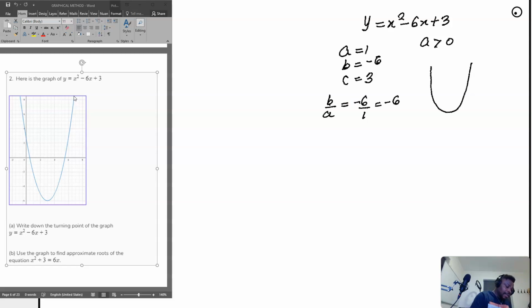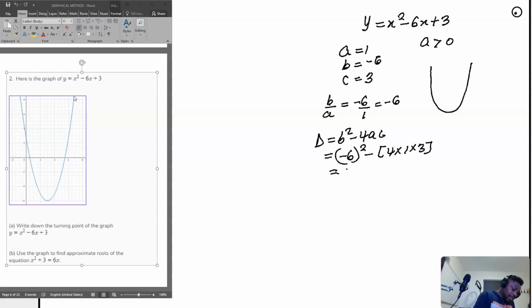This is minus 6. So because b over a is negative, our curve should be on the right. Good. Then let's check our discriminant. Discriminant is b squared minus 4ac. My b is minus 6 squared, minus 4 times 1 times 3.